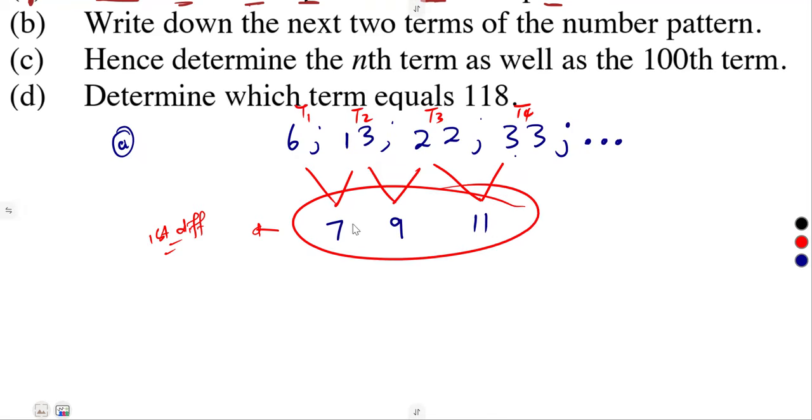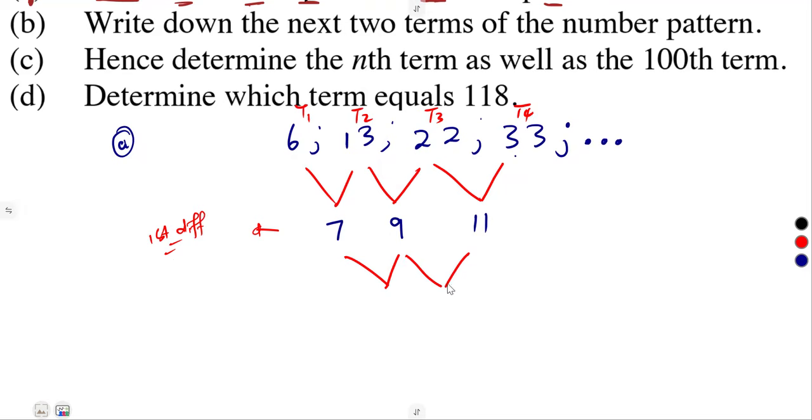They are not common, not the same. Let's find the second differences and see. On the second differences, we subtract 9 minus 7, which is 2, and 11 minus 9, which is 2 again.